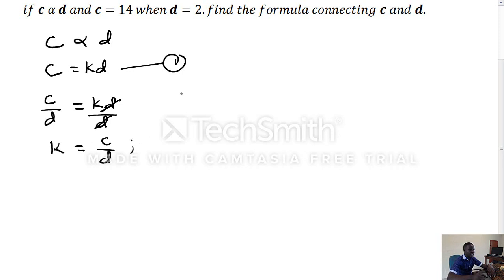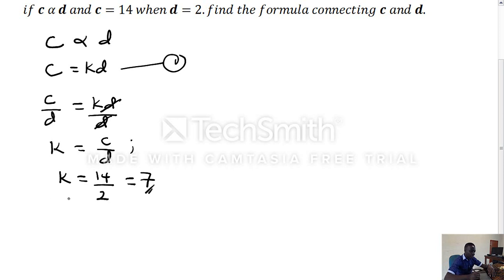Given that d is equal to 2 when c is equal to 14, I'll substitute c and d for 14 and 2, so that k is equal to 14 over 2, and 14 divided by 2 will give us 7.